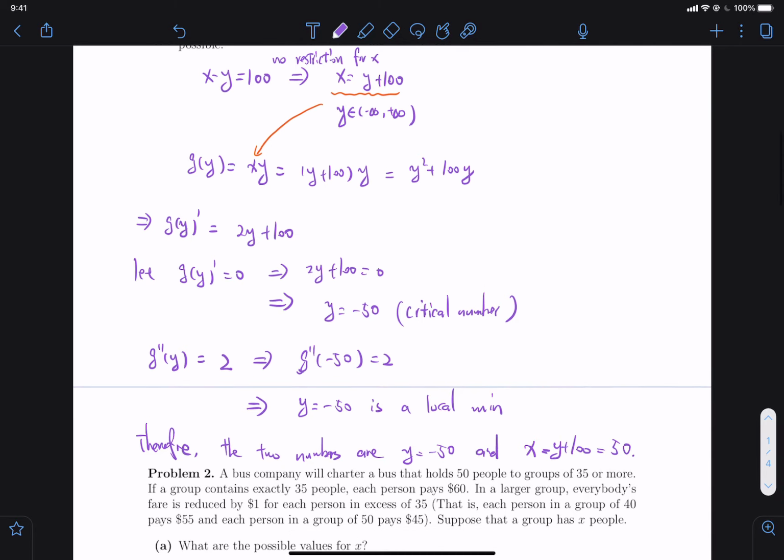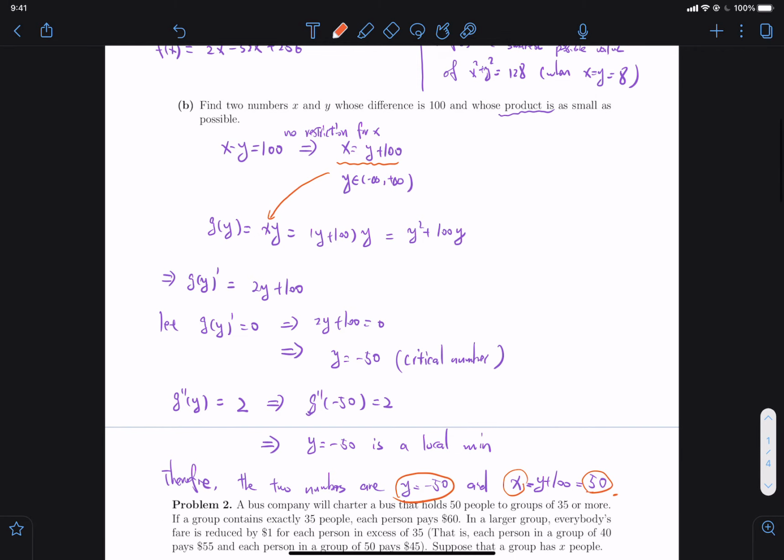These are the two numbers whose product is the smallest possible. So that is question A and question B. They're very similar. And now maybe let's move on to the next one.